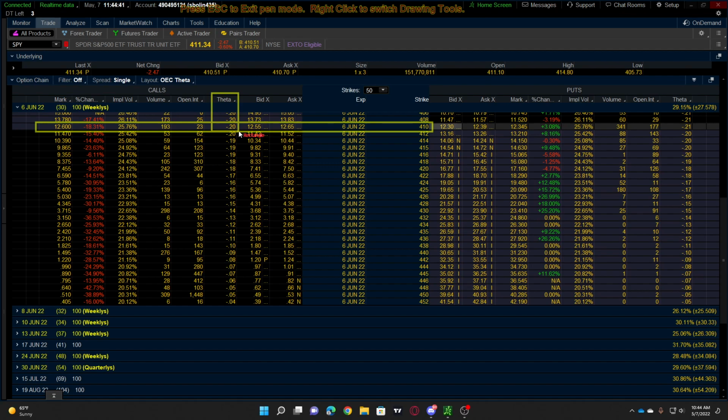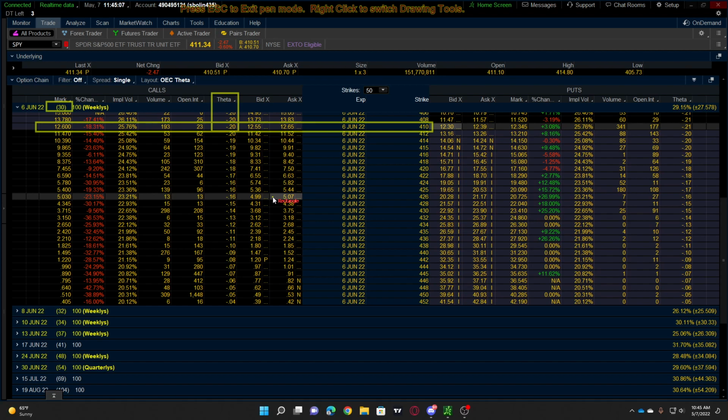And we can see that the 410 call, 30 days from expiration, has a mark of 12.60 and a theta value of 20. So every day, at some point through the day, they're going to deduct 20 cents of theta from the value of this option.